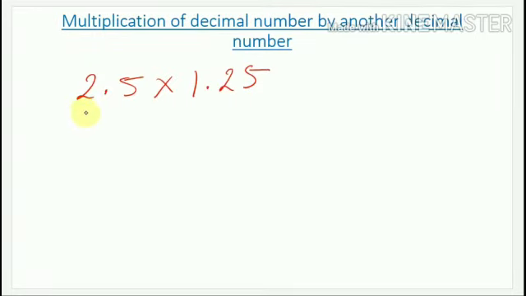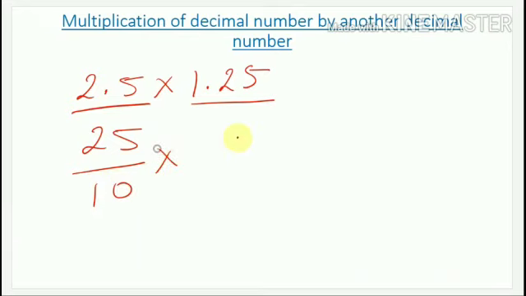Here we have to multiply the decimal number by another decimal number. So this is the decimal number and this is another decimal number. So always convert the decimal into a fraction. So 2.5 can be converted into a fraction as 25 upon 10 and 1.25 is converted as 125 upon 100. Now numerator gets multiplied to the numerator.